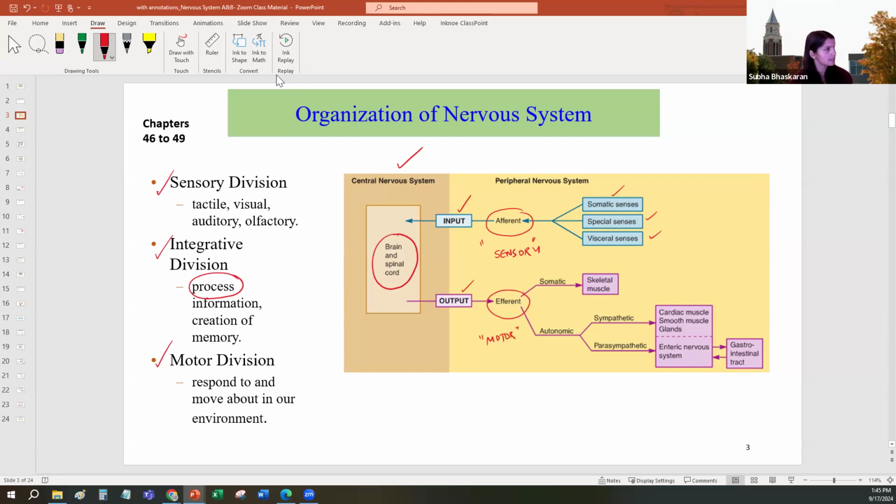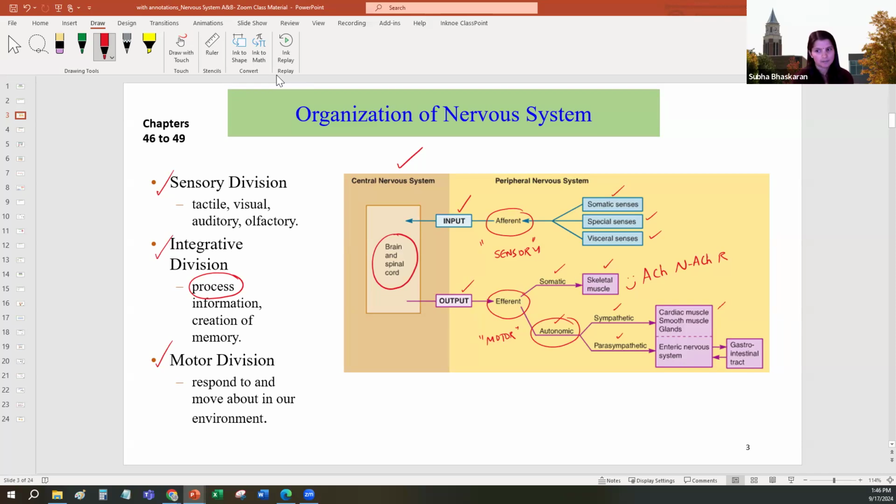Okay. And this motor division goes to somatic. Yes or no? We just saw the ACh involvement, correct? ACh, AChR. Then autonomic, sympathetic. We will touch upon this in the nervous system C set of chapters, sympathetic and parasympathetic. And that is autonomic because we have these muscles that can operate on their own, correct?